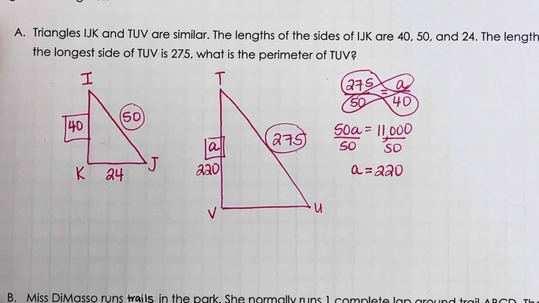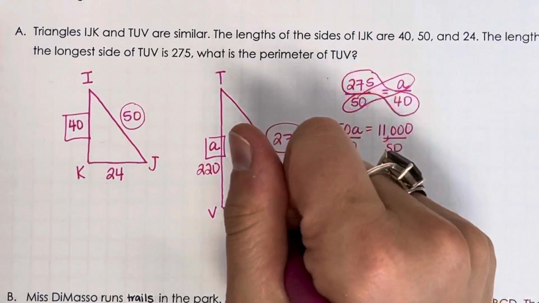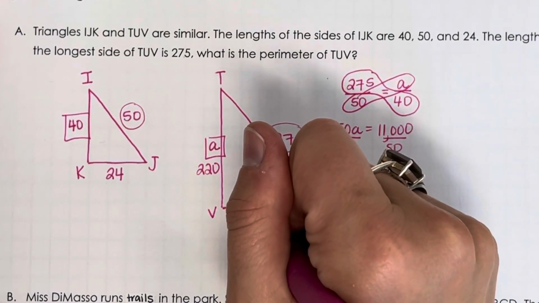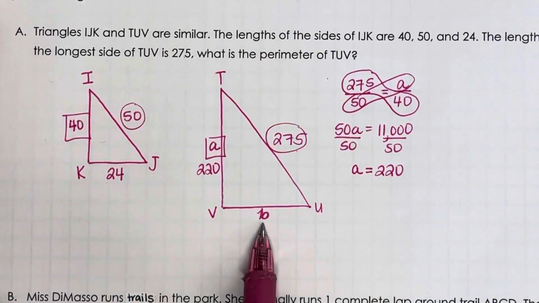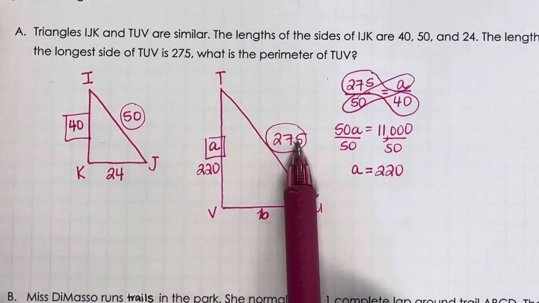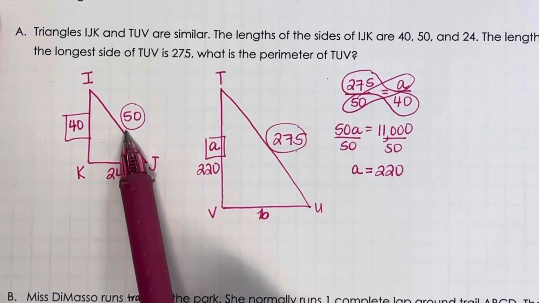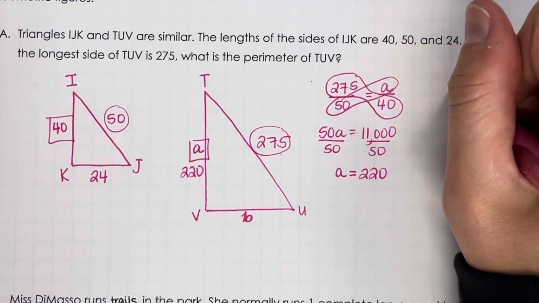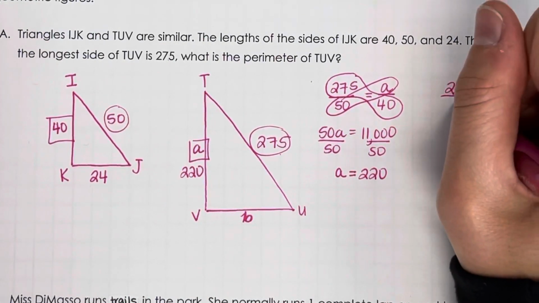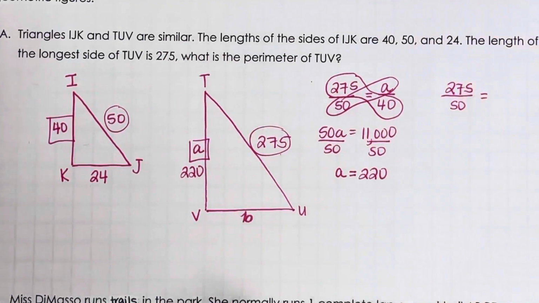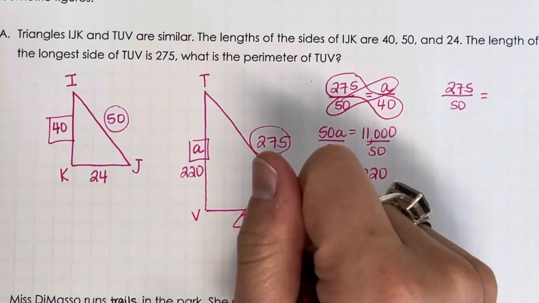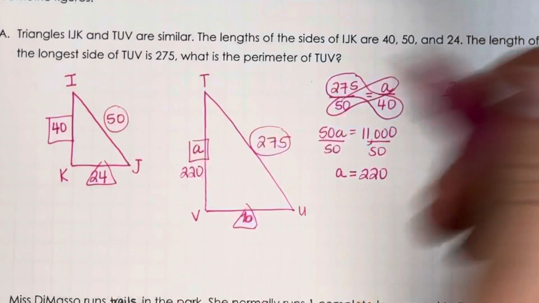Okay, and then I've got one more to do, so I need to figure out this side. I'm gonna put a little letter B here. And now I'm gonna do the same thing. I know that this one's 275 and the one that's matching over here is 50, so I'm gonna use those same two numbers again. And then I'm going to match up B with the only other side I haven't used yet, which is 24.